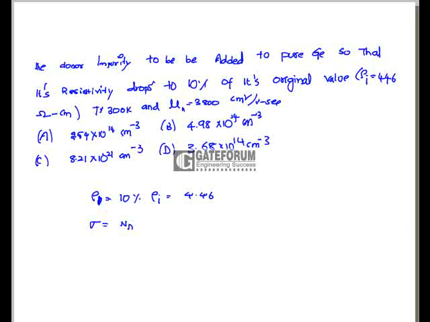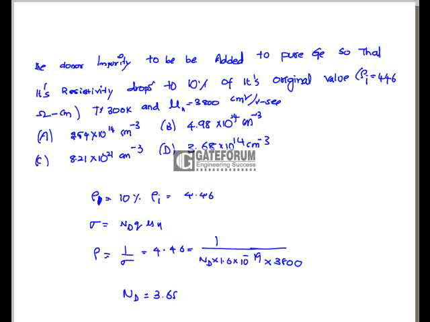Conductivity is Nd q mu n. Rho is equal to 1 by sigma, so 4.46 is equal to 1 by Nd into 1.6 into 10 power minus 19 into 3800. So Nd is equal to 3.68 into 10 power 14 per centimeter cube. That is option D is correct.